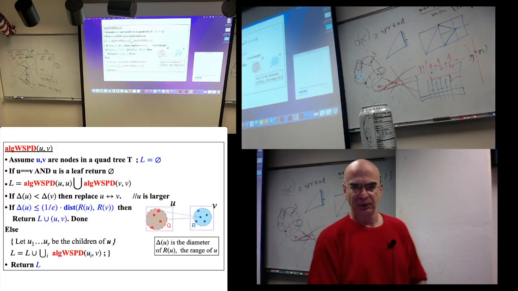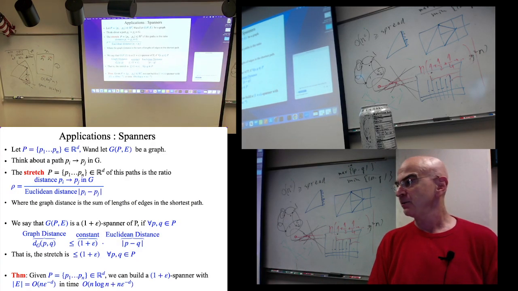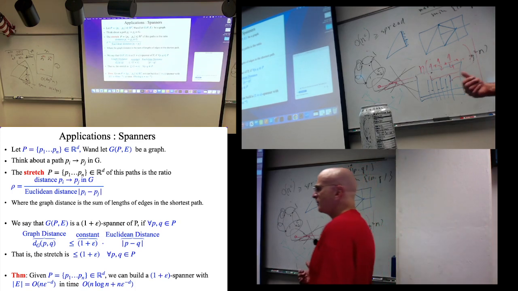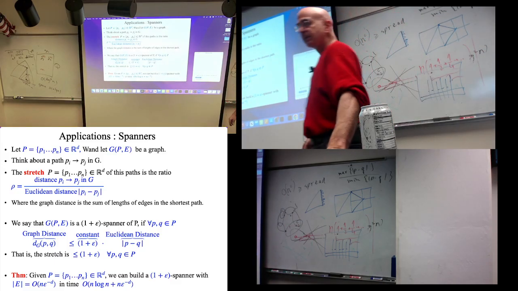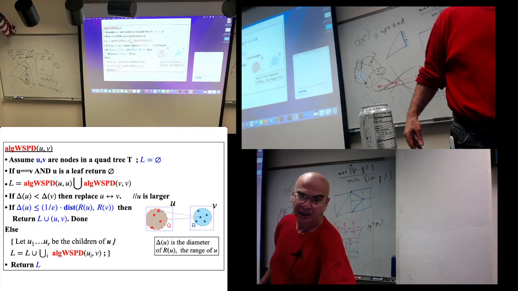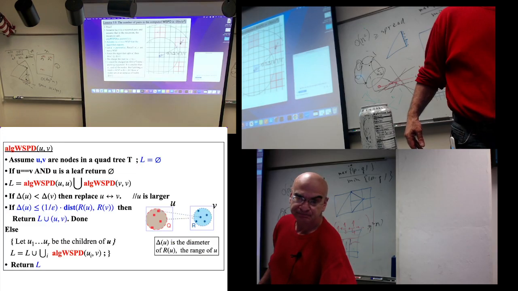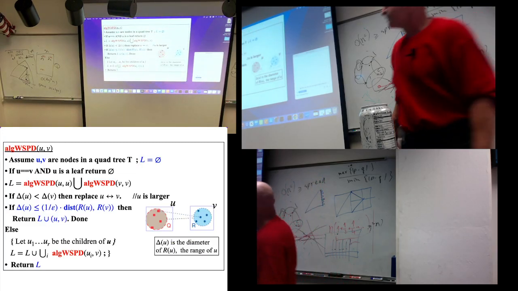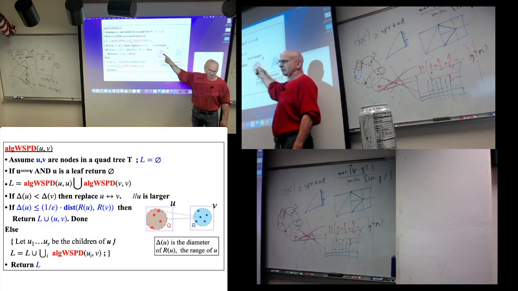And then a lot of beautiful things follow, like finding the spanner of all these nodes, just connect all these buckets. Originally, this whole notion of WSPD came from solving the multi-body gravity problem.